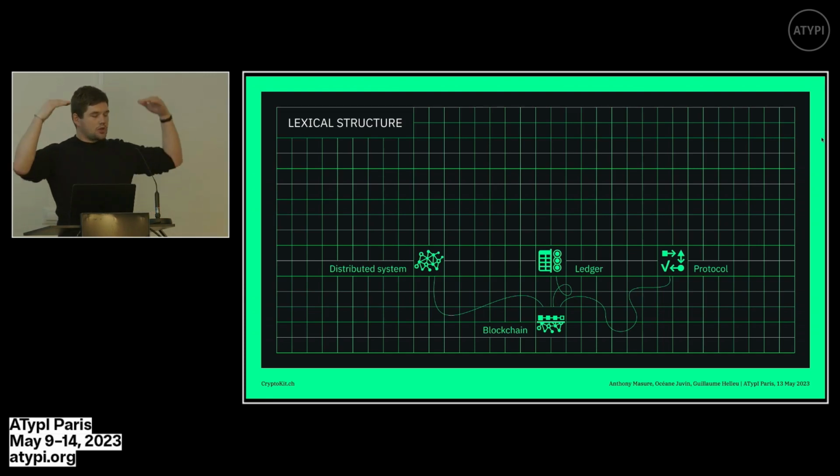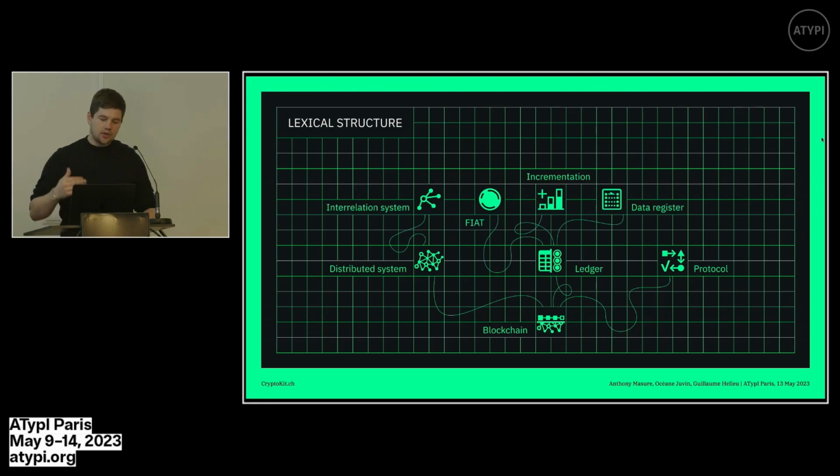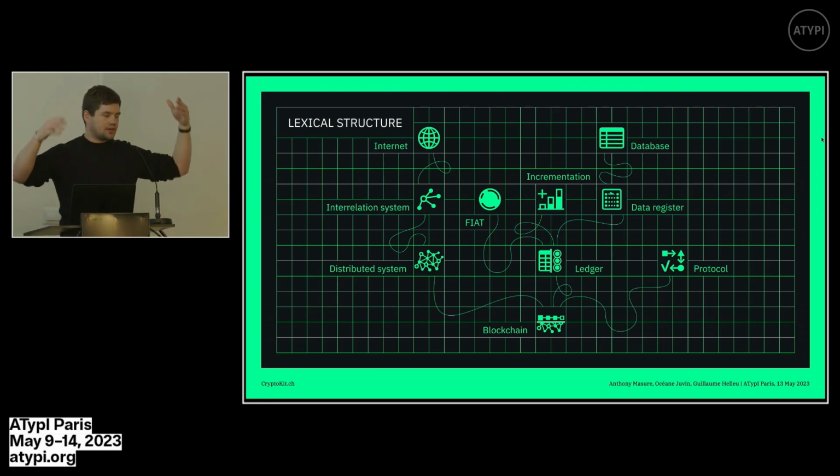And then we create a layer on top of it to say, okay, ledger, what does a ledger mean, what will be the words that I will find in this definition in the dictionary. It's a data register that is incrementing all the time about fiat currency, so euro, dollar, whatever. And the same with distributed system, which is about interrelation systems, which is about internet, etc.